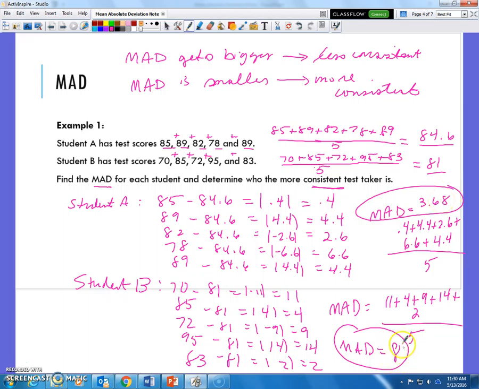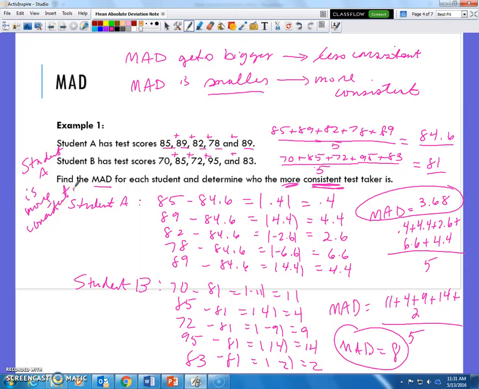Student B was an average of 8 away from his total average, and student A was only about 4 away. So when it asks who's more consistent, the smaller it gets, the more consistent. So we're going to say student A is more consistent.